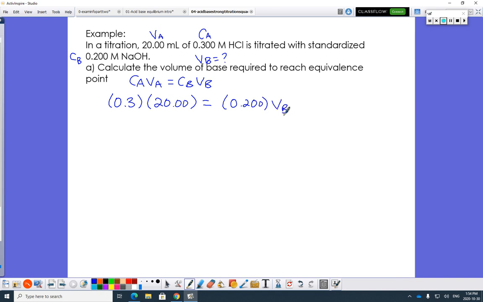You can rearrange before you plug the numbers in or plug the numbers in first. It doesn't matter. It's most important that you put the volume of acid with the concentration of acid, and then put the correct concentration of base with the VB, so you solve for the right thing.